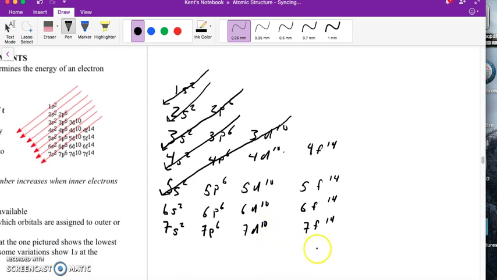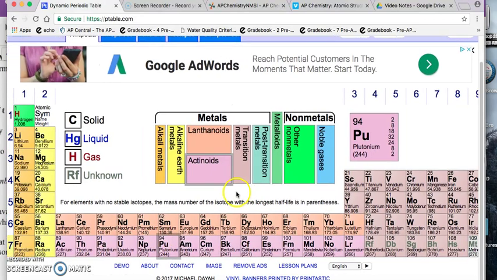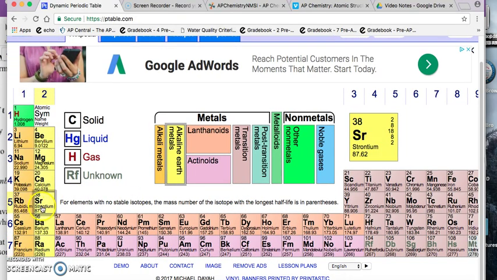Let's go back to the periodic table again. So we're at 5s here, before we fill 6s. We're at 5s, 4d. 4d is higher energy than 5s, but it's closer in.